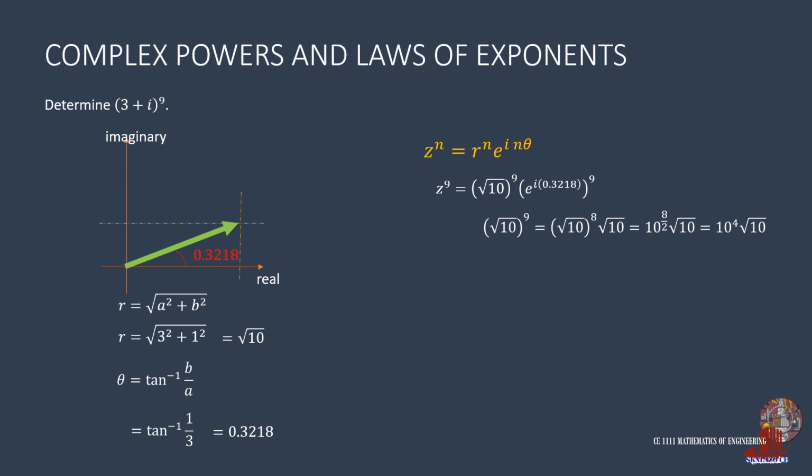In rational exponents, we can write 10 raised to 8 over 2 times the root of 10. 8 halves is 4, so the modulus is 10 raised to 4 times the root of 10. For the second part, e raised to i multiplied by 9 times 0.3218 is simplified as e raised to 2.8962i. Place these two in the format and get z raised to 9 as 10,000 root of 10 times e raised to 2.8962i.